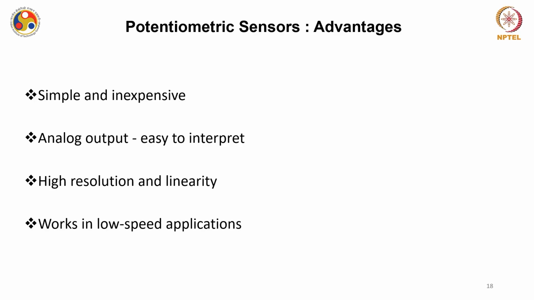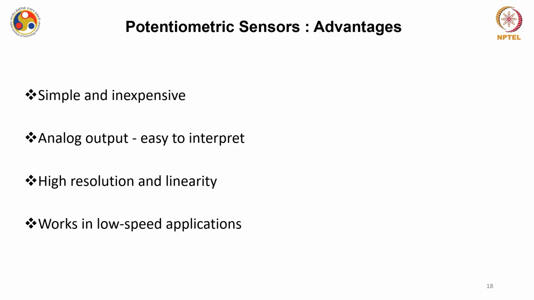However, if we have a basic understanding of a potentiometric displacement sensor, we know that these devices are very simple, be it rotary or linear. Since only a resistance and battery are involved, even the circuitry is inexpensive. So, these devices are very inexpensive and have analog output, so they can be easily interpreted.